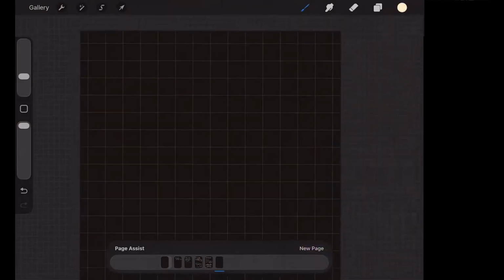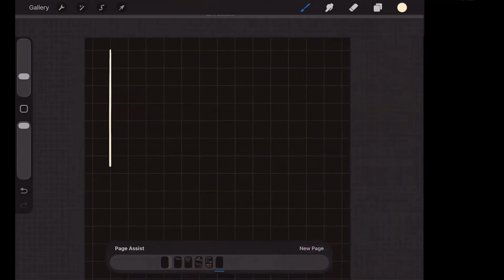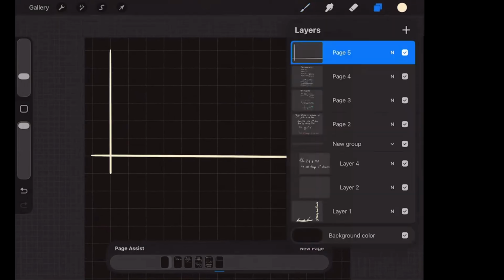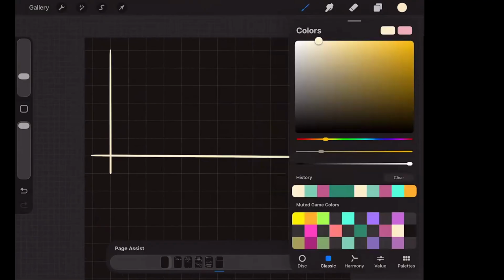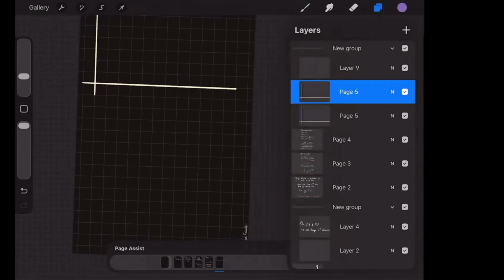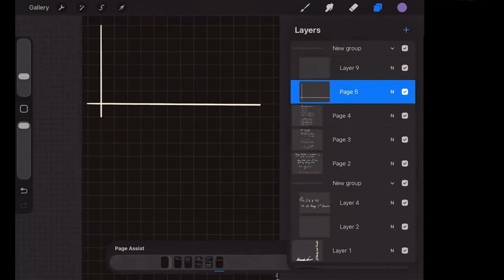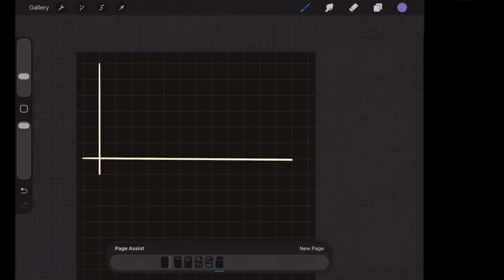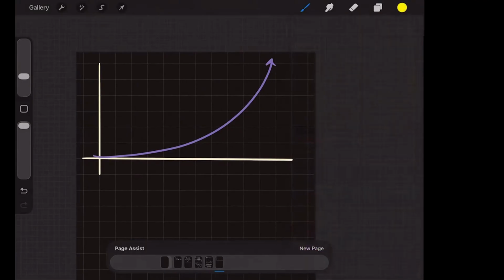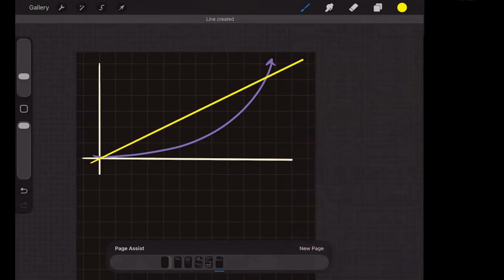Okay, so let's say that this is, actually, let's do two. Let's say this is your first function, and let's say that this is your second function.